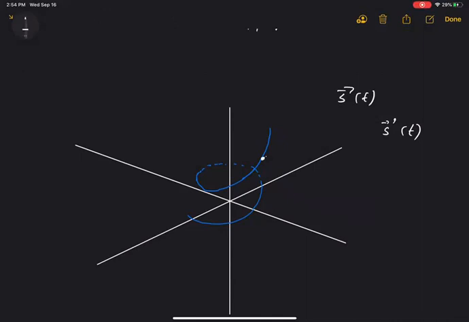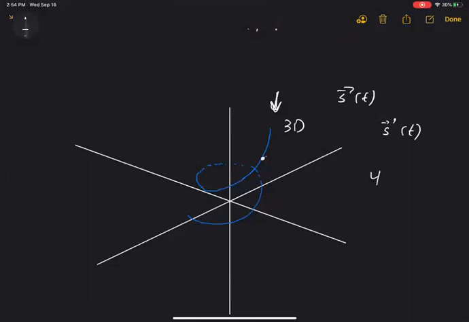The problem is that since this curve is in 3 dimensions, a single number can't really tell us the slope of a tangent line. Like if I told you the slope of the tangent line is 4, what does that mean in 3 dimensions?